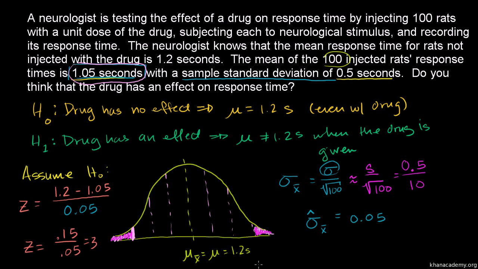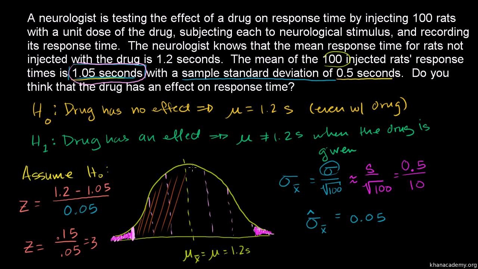What is the probability of that? Well, we know from the empirical rule that 99.7% of the probability is within 3 standard deviations. You can look it up on a z-table as well, but 3 standard deviations is a nice clean number that doesn't hurt to remember.